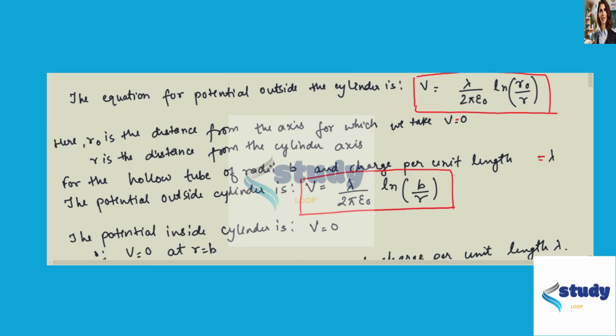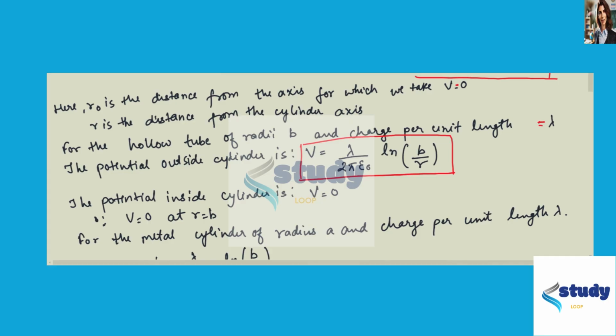The potential inside the cylinder will be V equals 0.